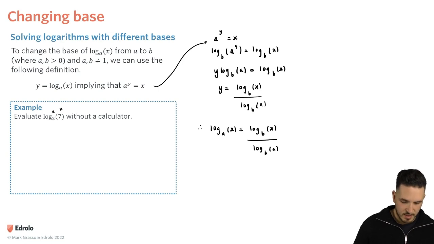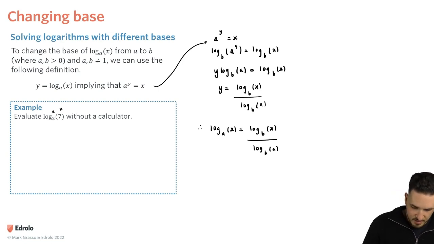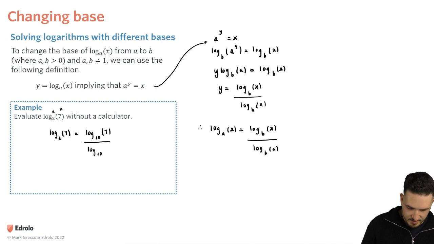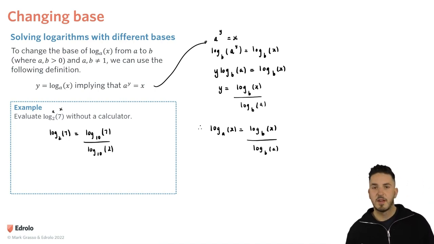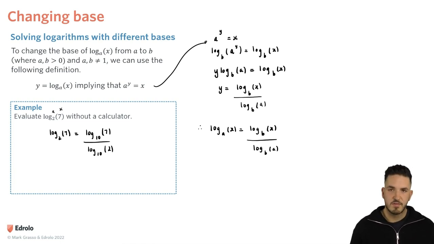So we can take log base 2 of 7 is equal to log base 10 of 7 divided by log base 10 of 2. So that's another way of rewriting log 2 of 7 without a calculator.